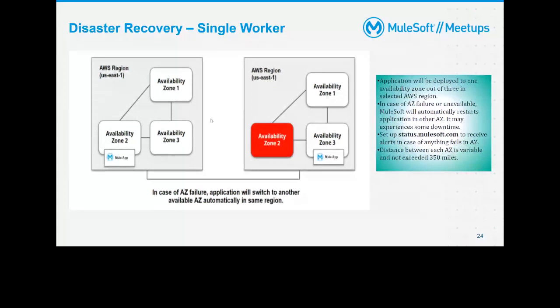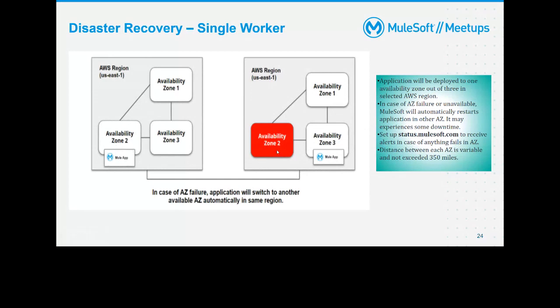Basically, I'm talking about some disaster recovery options which MuleSoft automatically provides. As I mentioned, when you deploy the application to CloudHub, you select the region. In my case, I selected US East 1. By default, the application gets deployed to one of the availability zones, in this case availability zone 2. Due to some network failure or rack failure, availability zone 2 goes down.